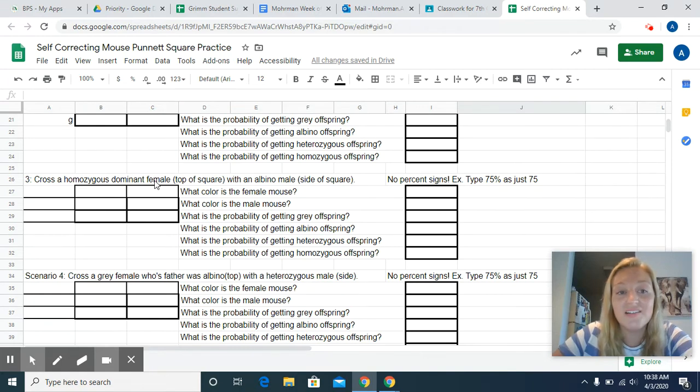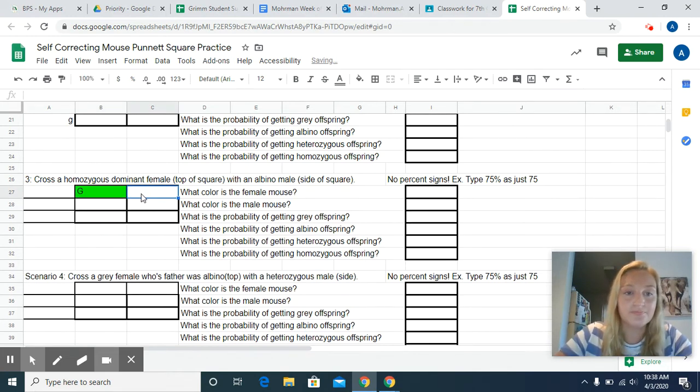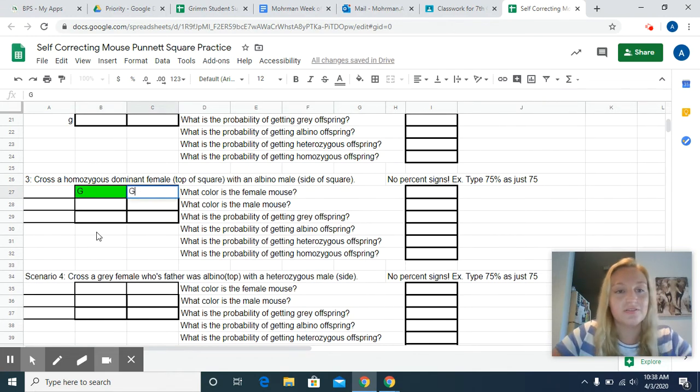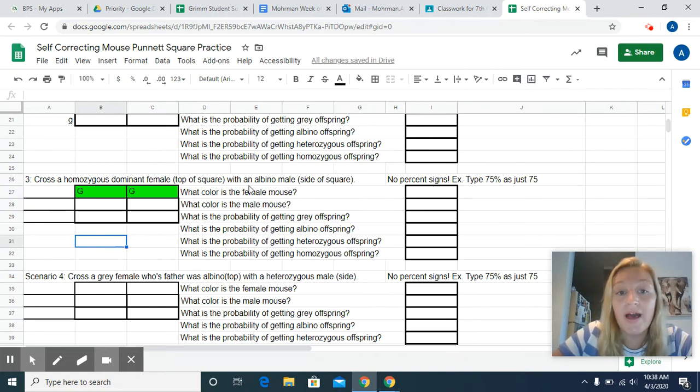So homozygous dominant. Remember, homozygous means 2 of the same. Dominant means capital letters. So we're going to have big G, which we'll put in up here. So big G, big G. Next, we have our albino male.